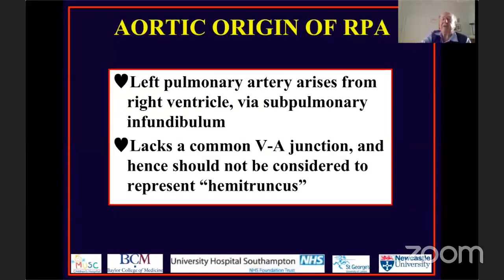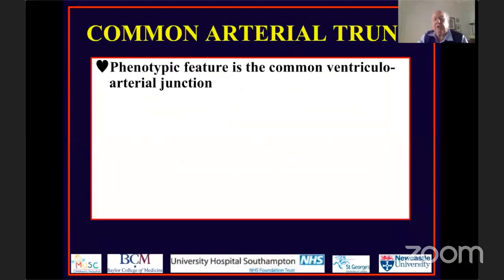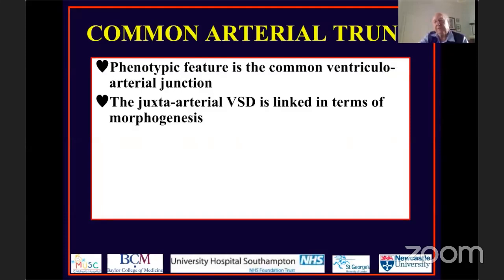Please do not call this a hemitruncus, because this heart also has separate arterial roots and does not have the phenotypic feature of common arterial trunk, which is, of course, the commonality of the ventriculo-arterial junction. So what I hope I've shown you is that it is the commonality of that junction that is the essence of common arterial trunk.